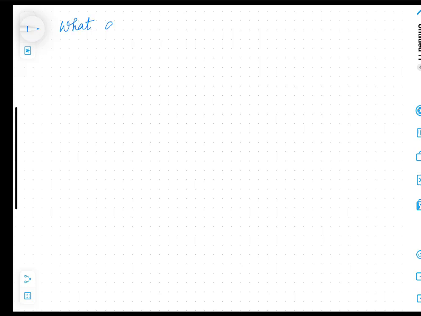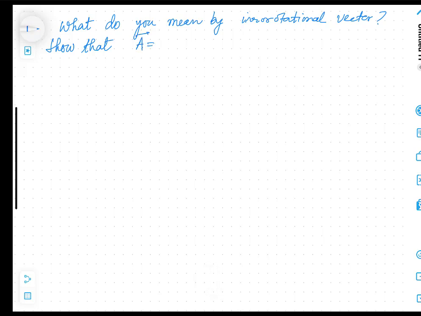What do you mean by an irrotational vector, and show that vector A equals 6xy plus z cube i cap plus 3x square minus z j cap plus 3xz square minus y k cap is irrotational.